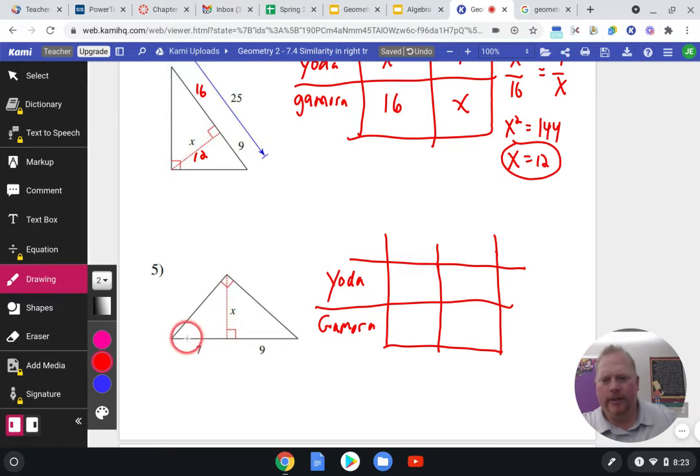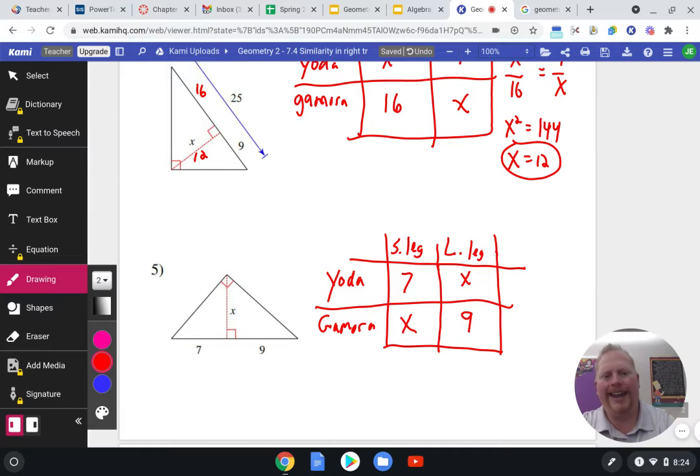All right, so in the baby triangle, what's along the big hypotenuse is going to be the short leg, so 7 is the short leg. And x is the long leg. Now, I'll give you a heads up. That x is not going to be the long leg in both triangles. That x is going to be the short leg in the Gamora triangle. And then the 9 is going to be the long leg.